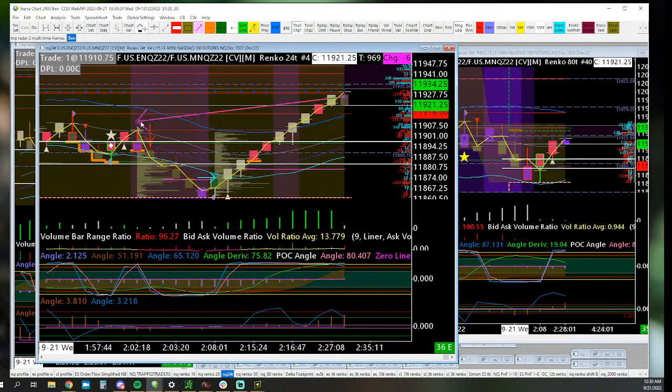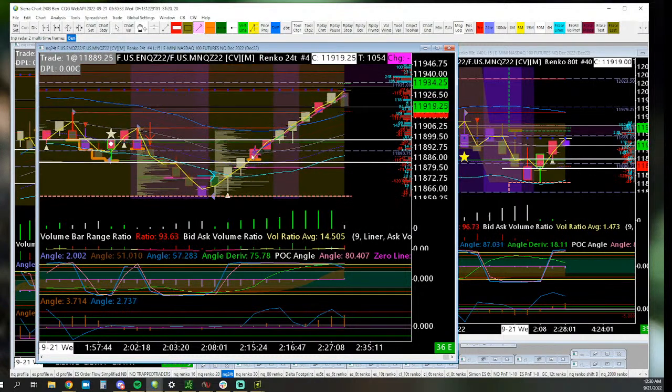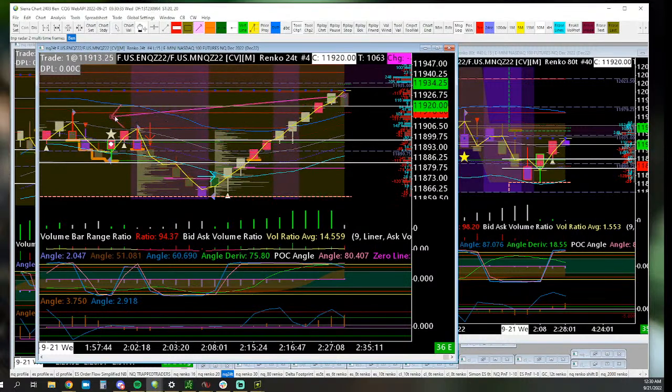Now there's a chance that because this didn't fill and this one broke through the old support and resistance and didn't reject, it actually makes it more likely that this is going to be a big move here.